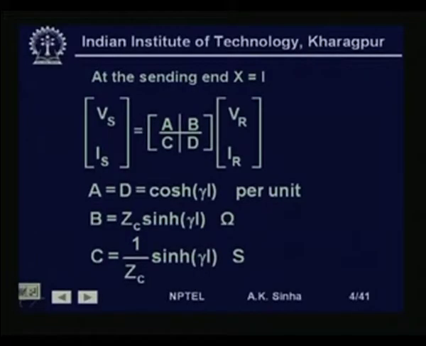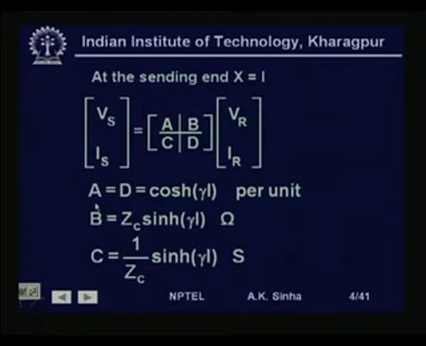In that case, we will get [V s; I s] equal to [A, B; C, D] times [V r; I r]. We are not writing x because we are now dealing with the terminal conditions only.